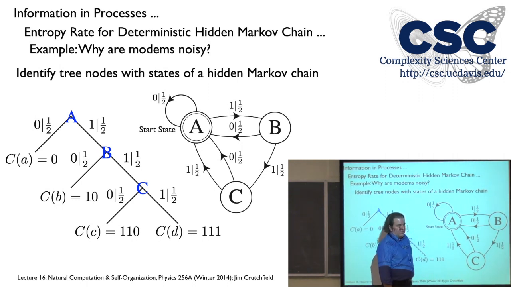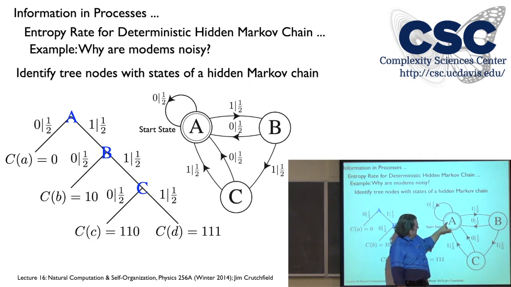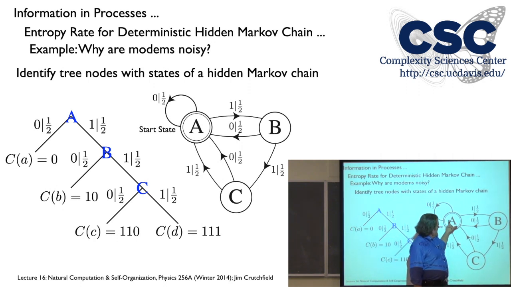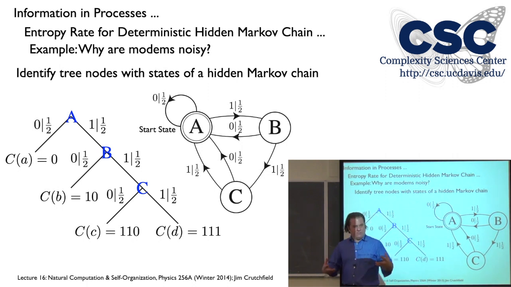So if a little a comes in, I do this. If a b came in, I do this. 1, 0 is what I output. Little c would be 1, 1, 0, and d 1, 1, 1. And then it comes back here and it's ready to go again. So the machine resets back to this start state.